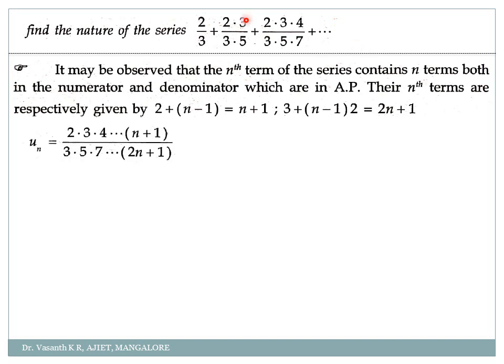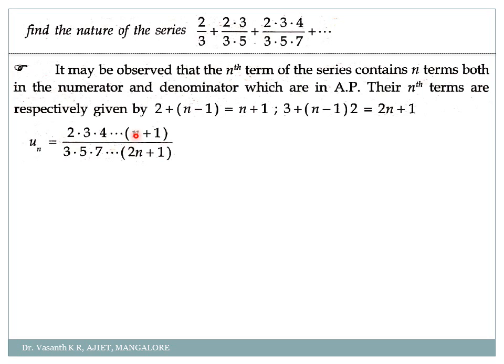So see here, 2, 3, 4, so on up to what will be the nth term? See, if you check the first term properly here, it is starting from 2, it is not starting from 1. Am I right? So you simply cannot write it as only n here. If you write it as n, it will start from 1 here. So it is starting from 2, I should write n plus 1.